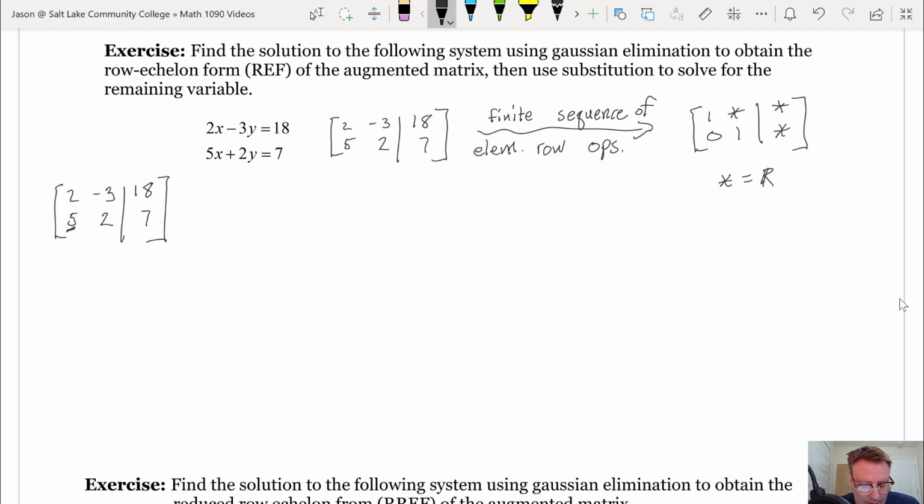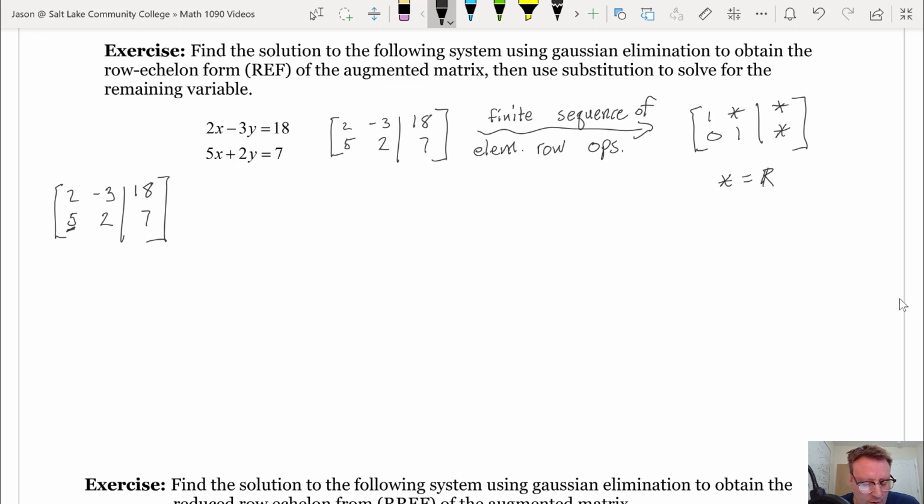Unfortunately I don't have a nice situation where I have two opposite numbers, so I could eliminate very easily, but we can still make this work.